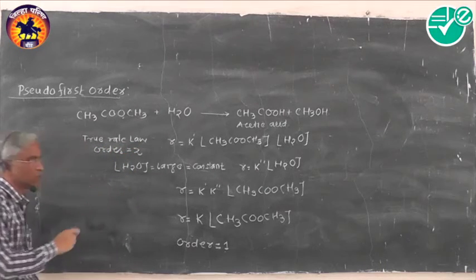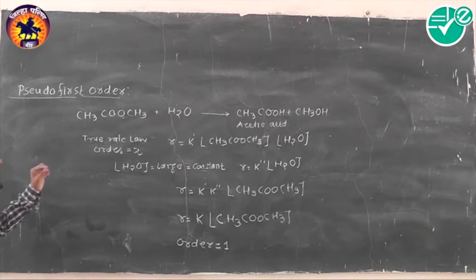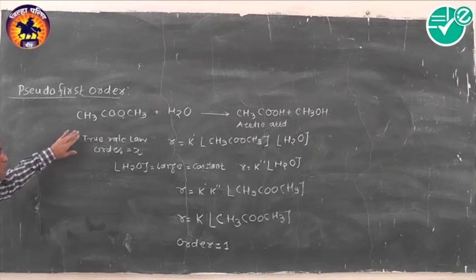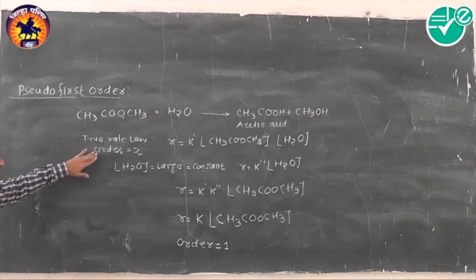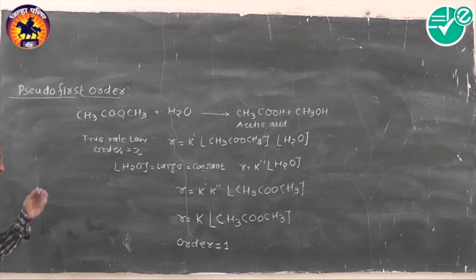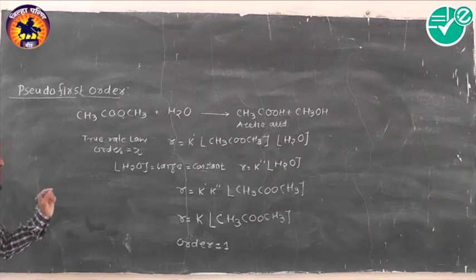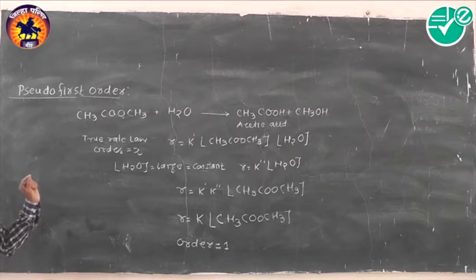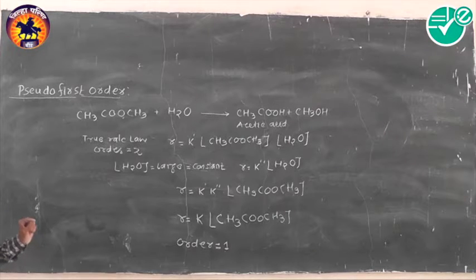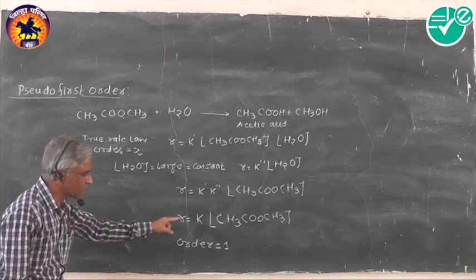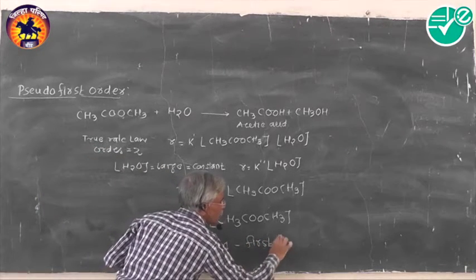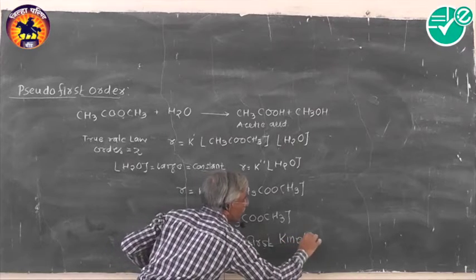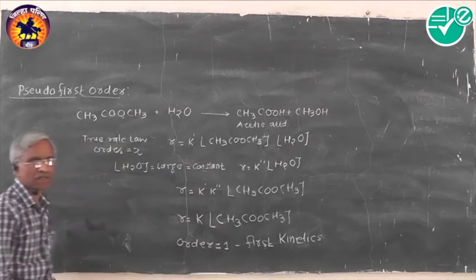is equal to 2. So a reaction which in its true rate law indicates an order greater than 1, here order equal to 2, but experimentally, due to the presence of one chemical reactant in large quantity whose concentration is constant, it experimentally shows that the reaction follows the first order and the reaction will follow the kinetics of the first order reaction.